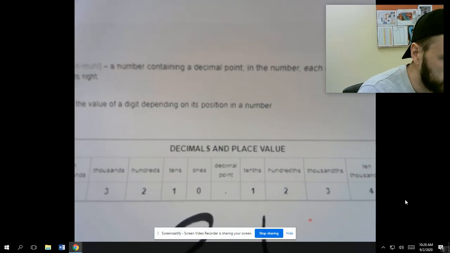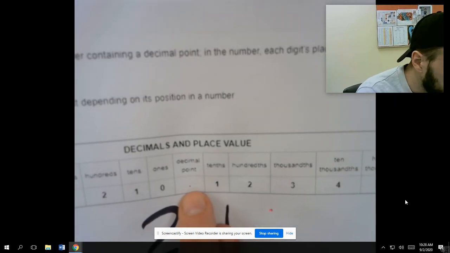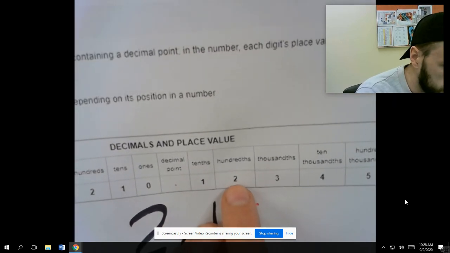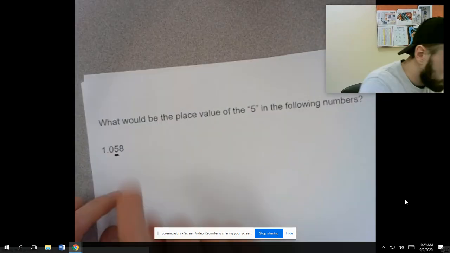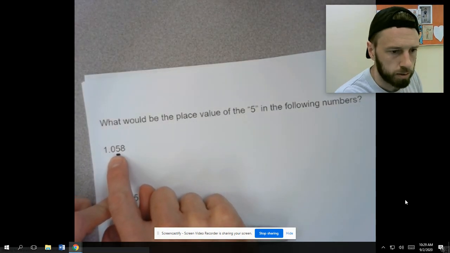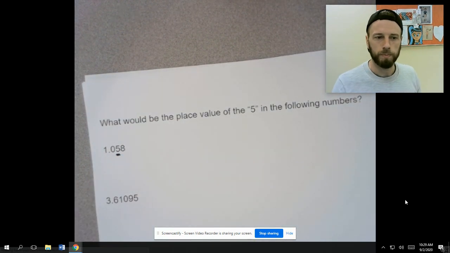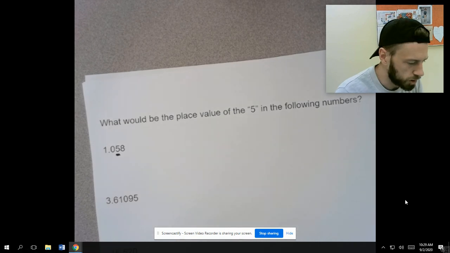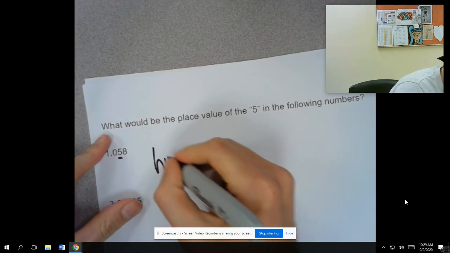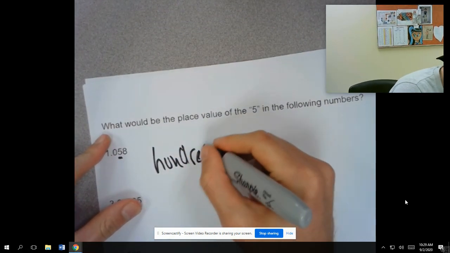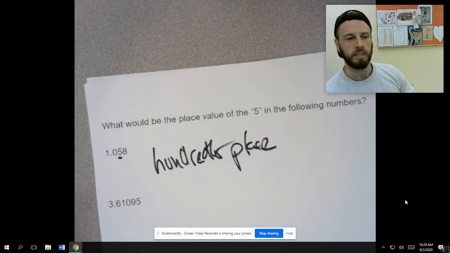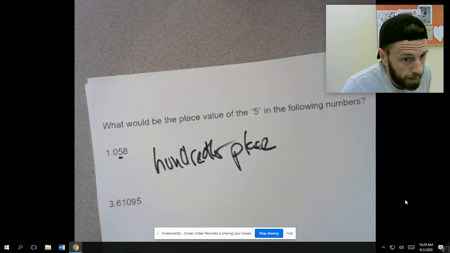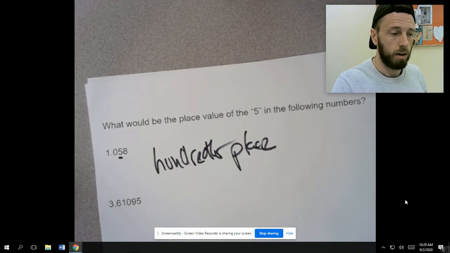So look here on my place value chart, and here's the decimal, and I'm going to go 1, 2 places over. That looks like the hundredths place. So that must be 5 hundredths. That would be the place value, right? So we'll say that's the hundredths place. And if I asked the value of that number, you would say 5 hundredths.